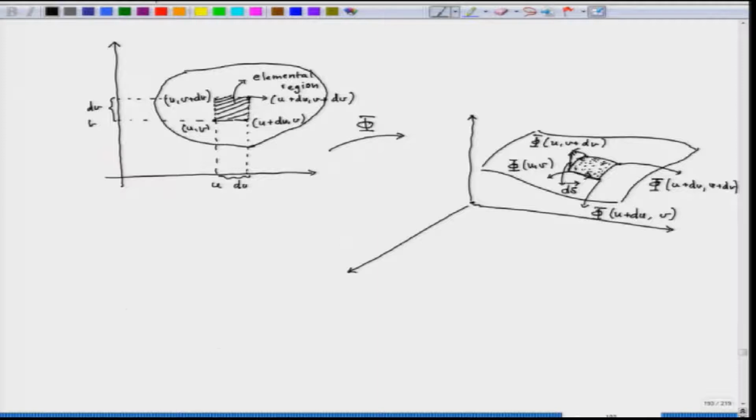I will call the first vector v1, so the dS vector will be the cross product of v1, which will be phi of (u plus du, v) minus phi of (u, v), and a second vector.